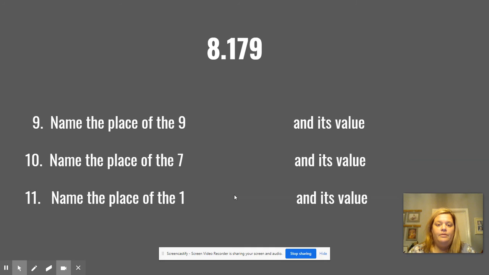So let's look at this. We have 8 and 179 thousandths. Now I'll tell you this, the only time you are allowed to say "and" when you say a number is when you're referring to a decimal. Now let me show you what the 8 would look like. Just to give you an idea.